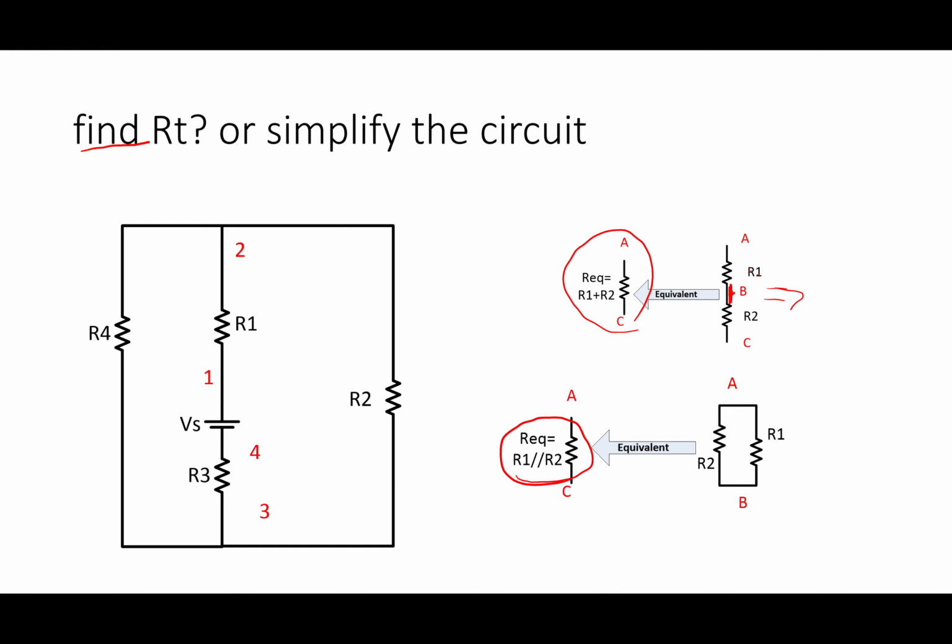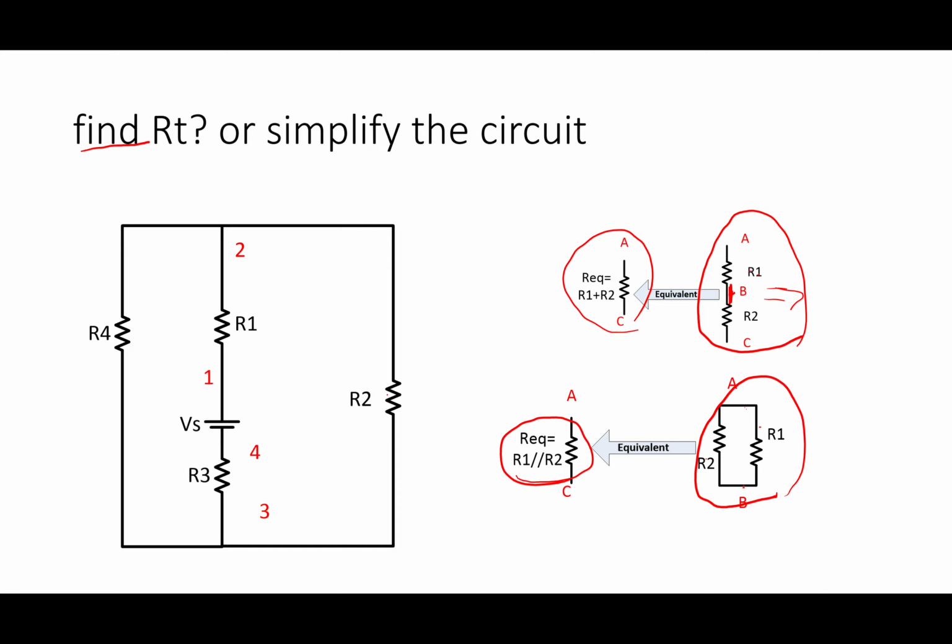Now, if you look at this circuit, it doesn't seem to have any series branches. There actually are, but maybe it is not clear to all of us at this time. But we have one parallel branch similar to this one. R1 and R2 here are connected between node A and B, so they are connected to the same nodes.